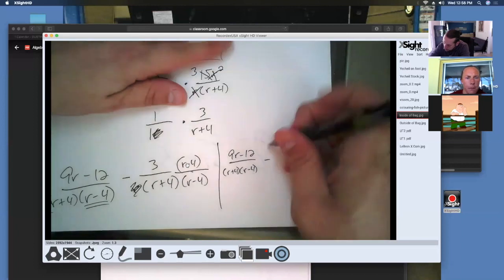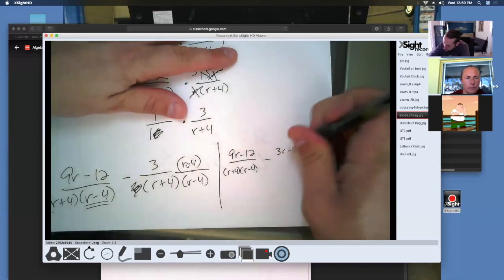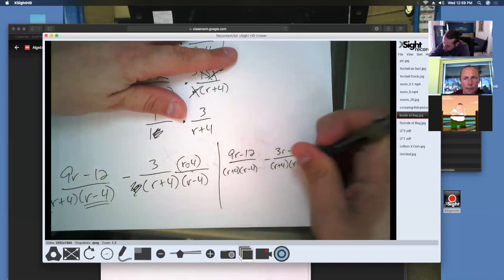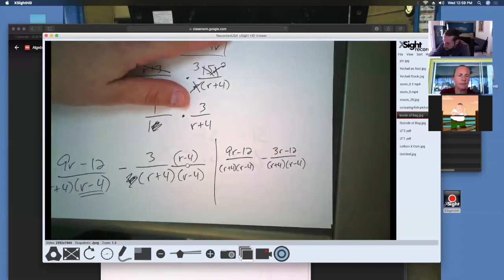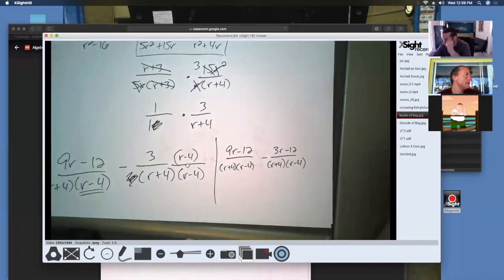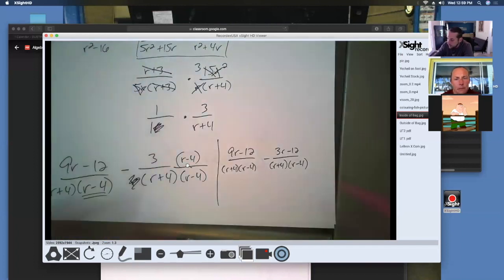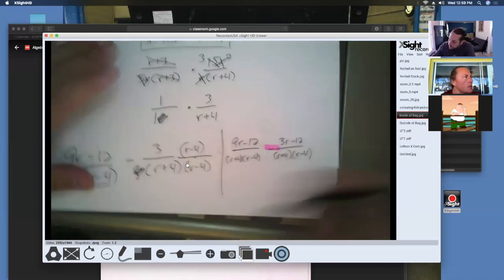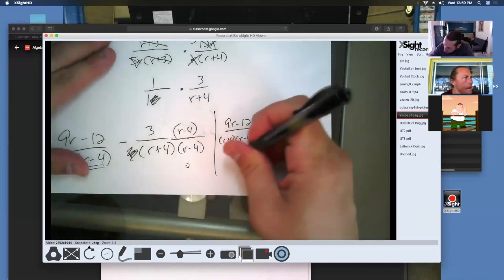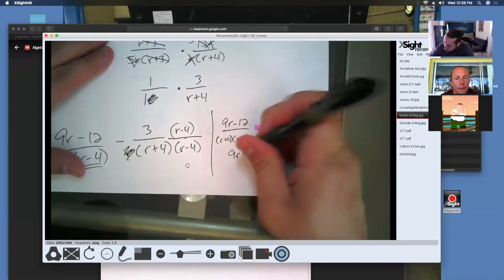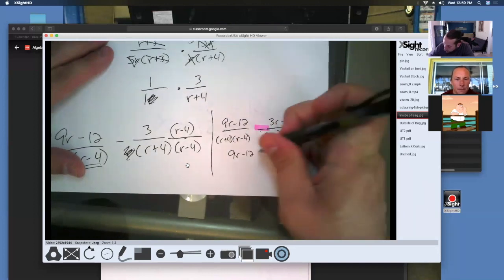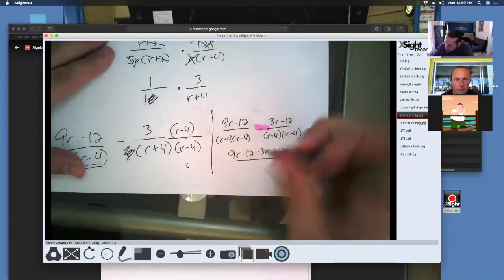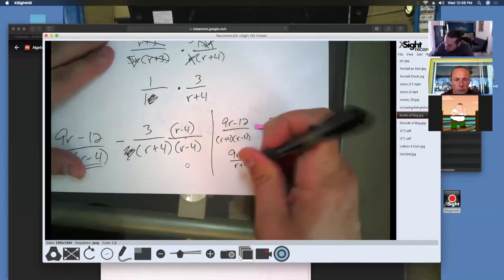So this is going to give me 3r minus 12 over r plus 4, r minus 4. I'm going to combine the tops, taking into account the subtraction. So I have 9r minus 12 minus 3r plus 12, all over r plus 4, r minus 4 still.